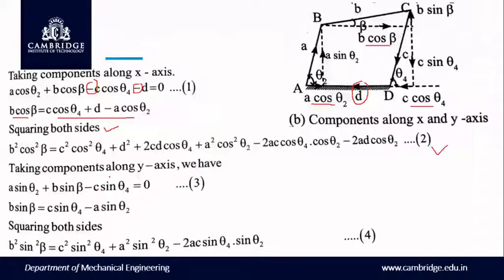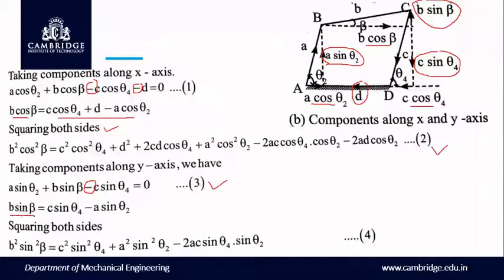Taking components along y-axis, we have a sin theta 2 and b sin beta, both in the same direction, whereas c sin theta 4 is in the opposite direction. Hence, c sin theta 4 is mentioned with a negative sign, and the total sum of these components is equal to 0. We call it equation number 3.